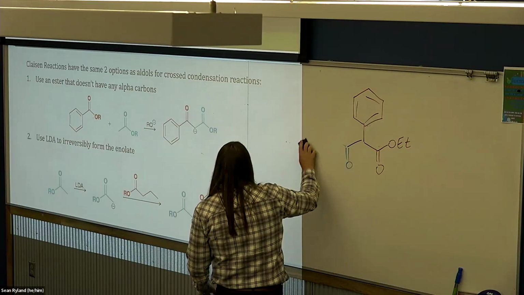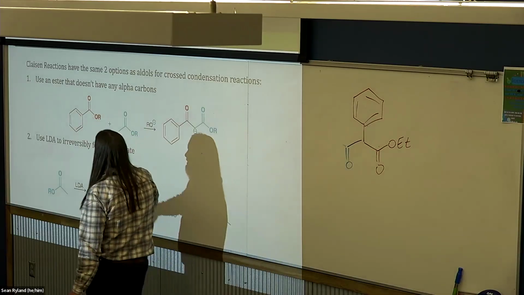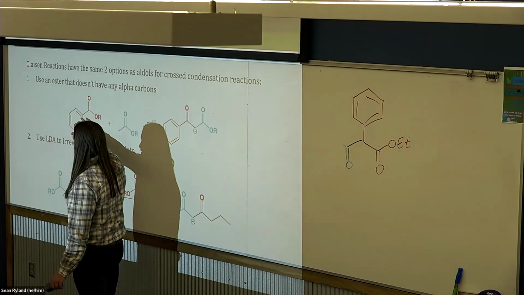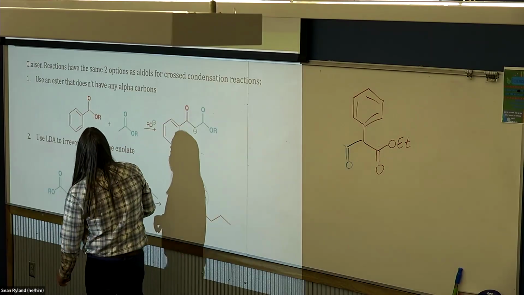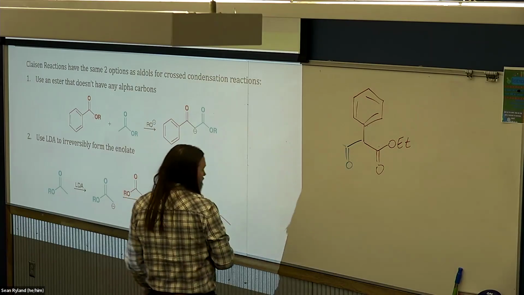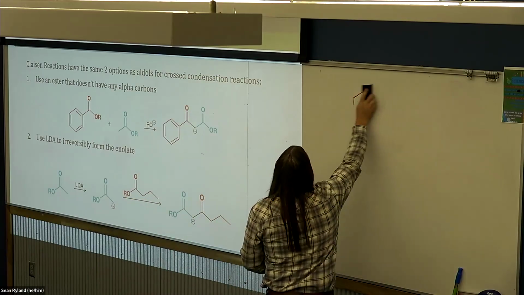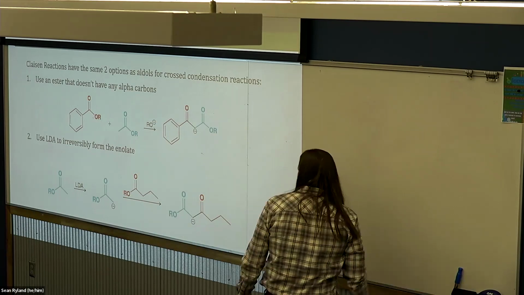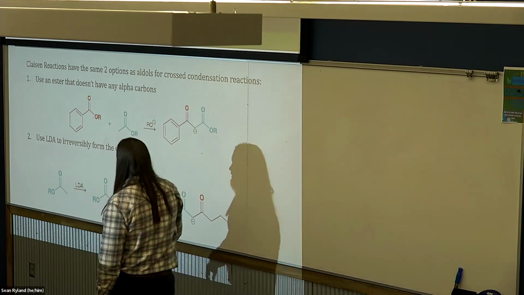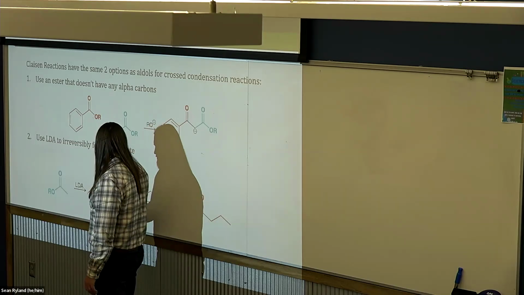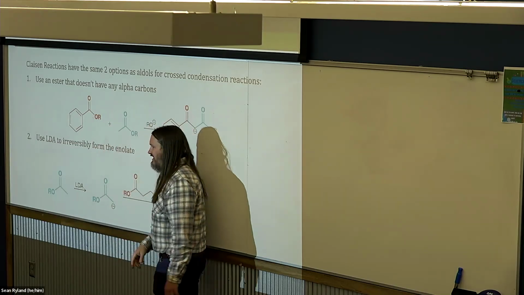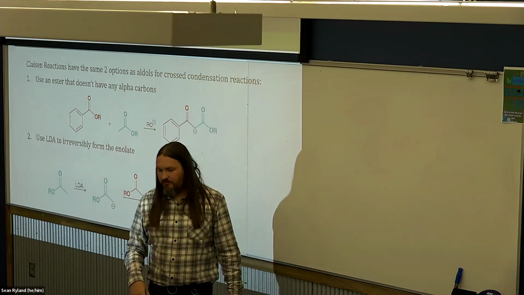And so, same two options: either we're stuck using only an ester that doesn't have alpha carbon hydrogens, or we use LDA to irreversibly form the enolates and then introduce the second ester.